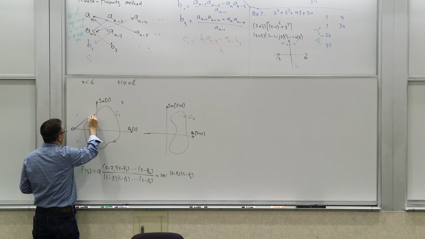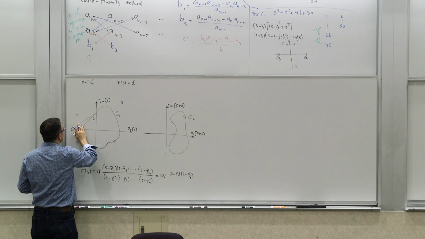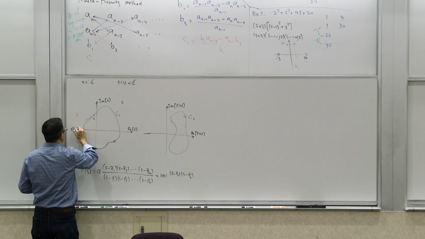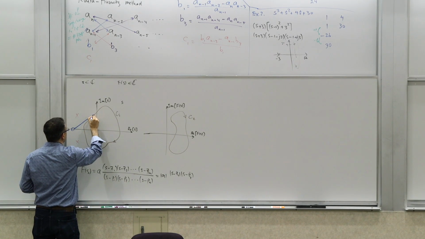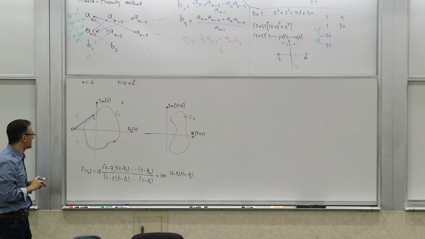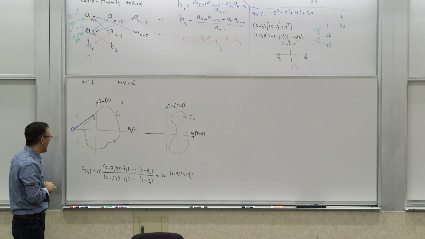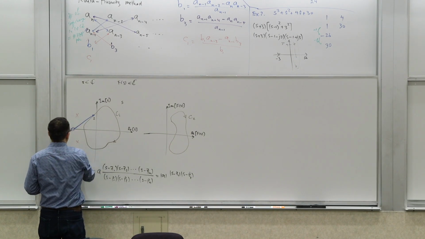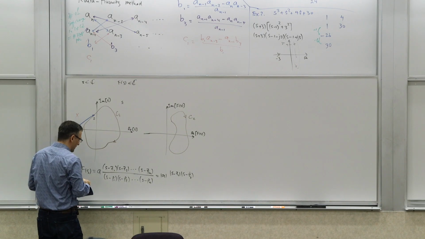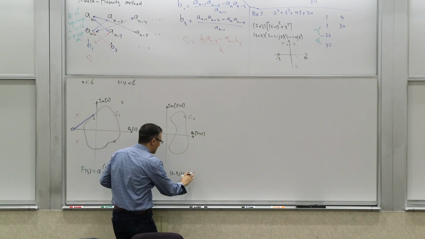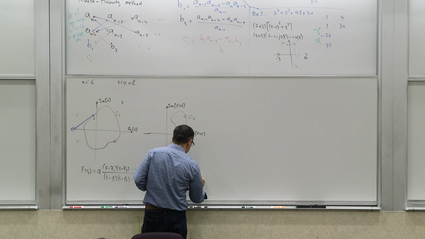So this vector, the one I'm drawing, is s minus z1. Do you agree? So that's vector s minus z1. And if there were other zeros, it would be s minus z2, et cetera. So you can basically write them as magnitudes of these vectors.